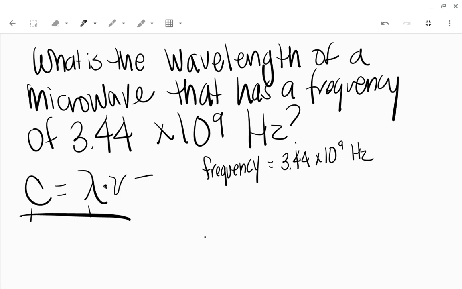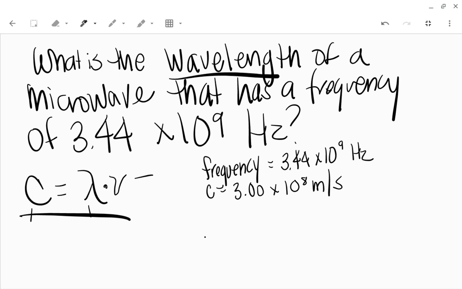Okay. And then another known value that we have is c, or speed of light. So c is a constant, and c is known as 3.00 times 10 to the 8th meters per second. Okay? That is a number that you should know.